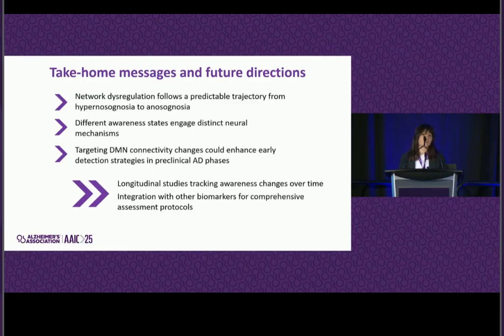We are also aware that longitudinal studies are needed, tracking awareness changes over time to confirm our result, and in particular it is very important to integrate neuroimaging findings with, for example, other biological biomarkers, as you have already heard from my previous speaker, for comprehensive assessment protocols.